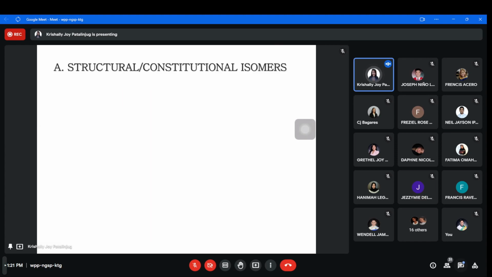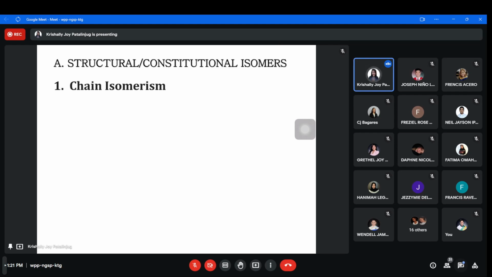So yeah, let's begin with the first type of constitutional isomers or structural isomers. So una, we have chain isomerism. So how do we identify na yung mga structures na yan, chain isomerism?